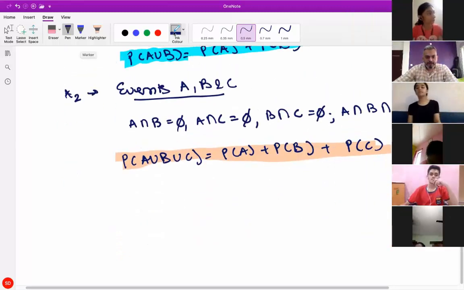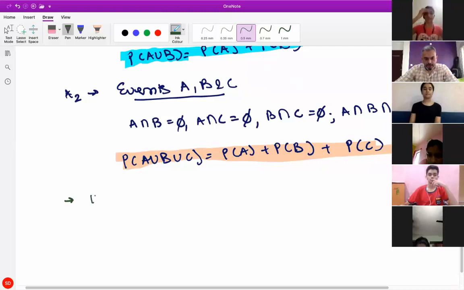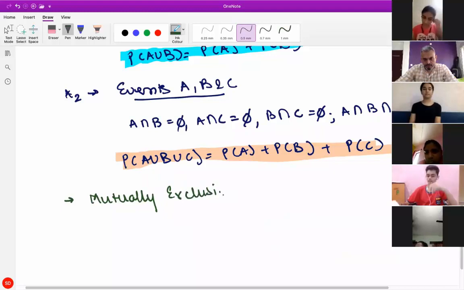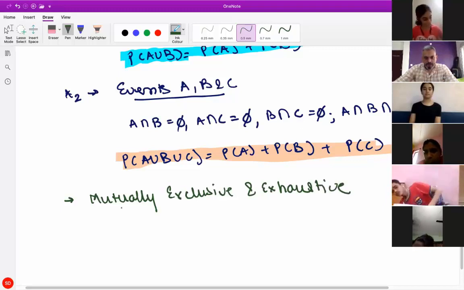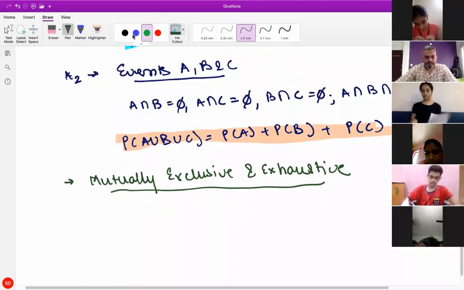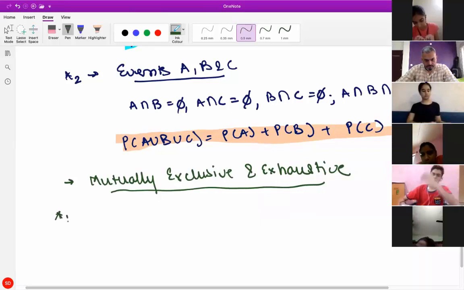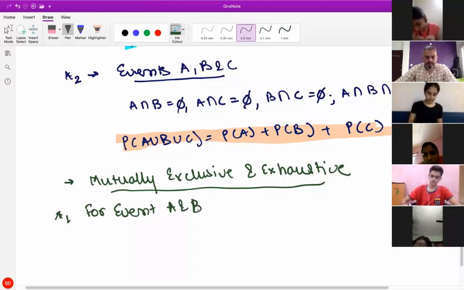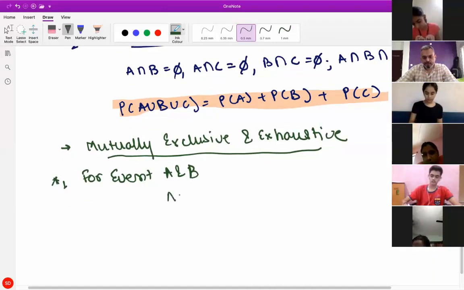Now let's take a case where the events are mutually exclusive and exhaustive. In that case, for events A and B, since they are mutually exclusive, A intersection B is equal to null.